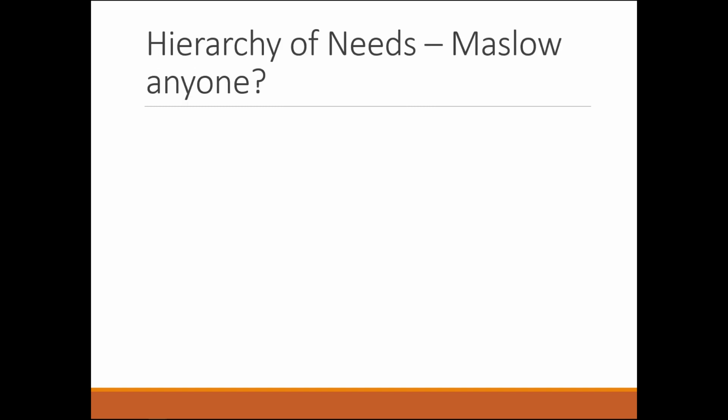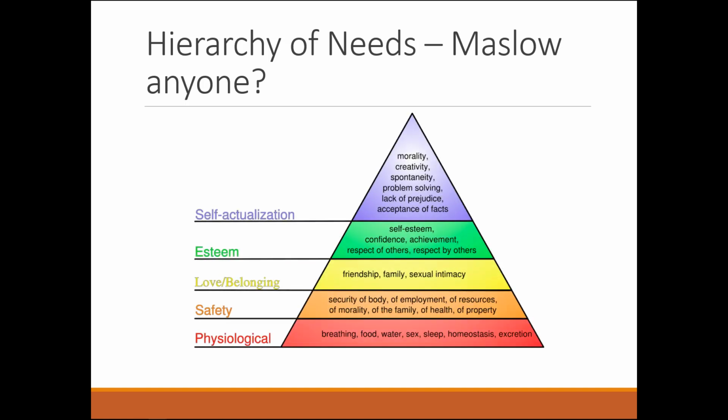And this is not necessarily how we're going to use it in class, but this is going to give you an idea. So you are familiar with Maslow, right? We have seen this triangle, gosh, probably since elementary school, maybe high school, perhaps. I don't even remember when I started seeing it, but it has been with me for a long time.